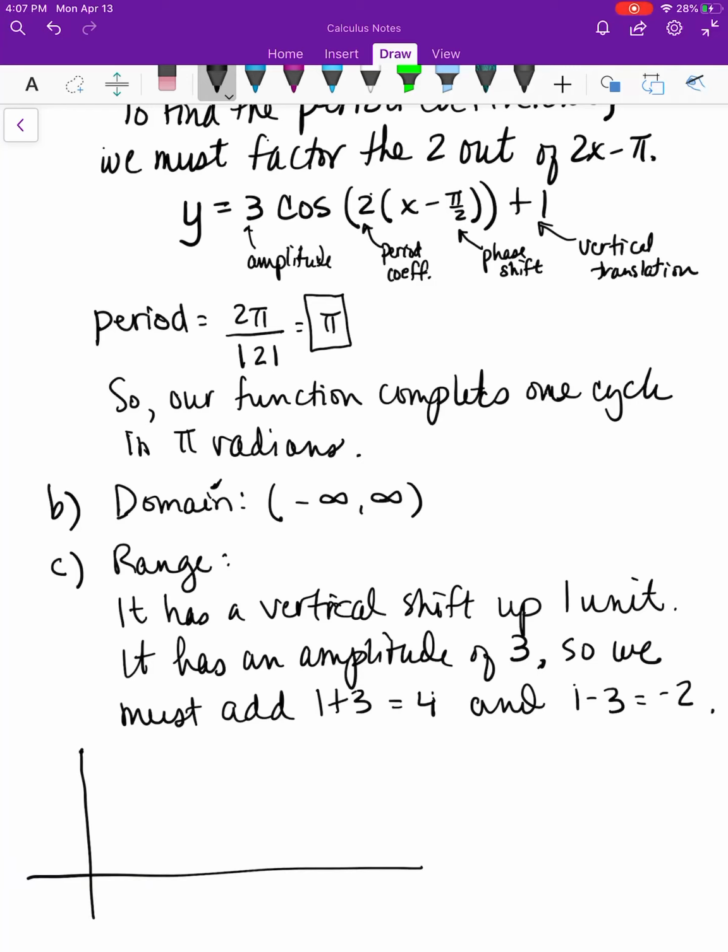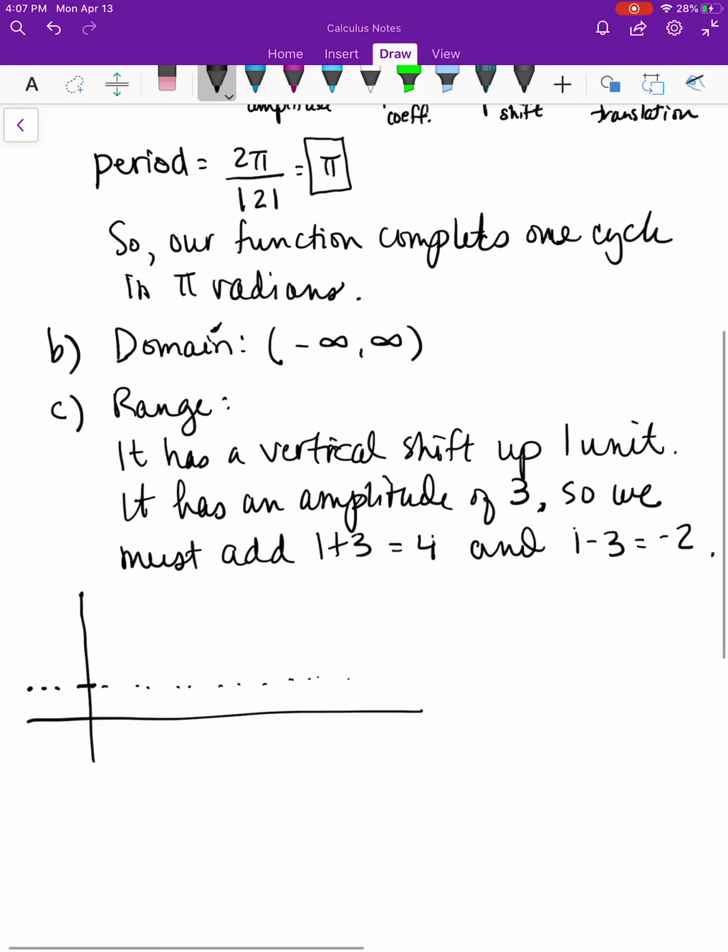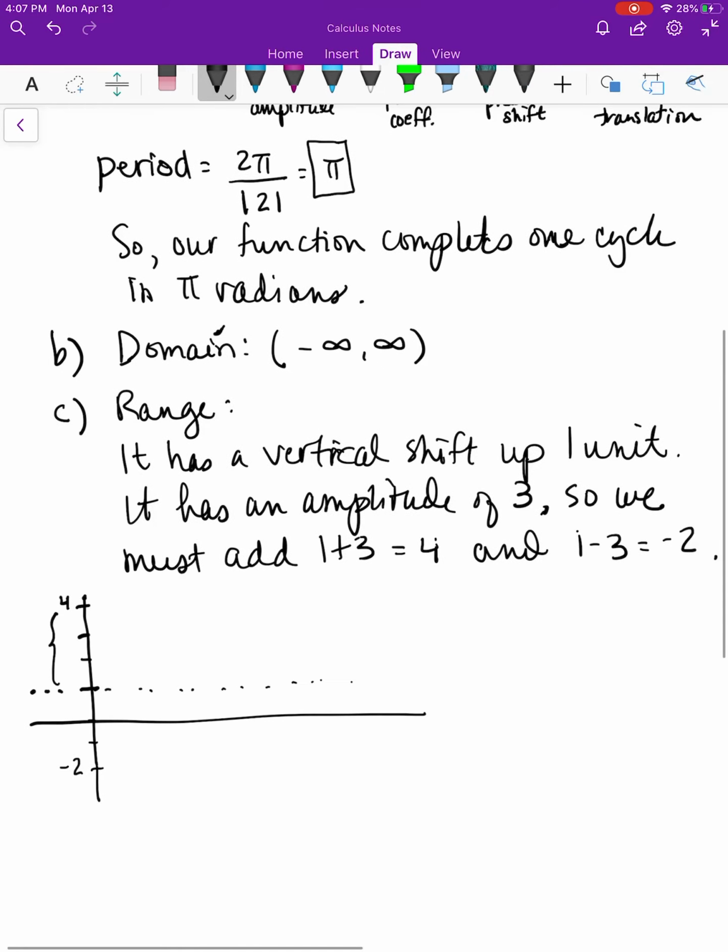So you start with your 1. For this problem, your 1 is your center line because it's shifted up. That last number is always going to be your center line. And so if we add 3, 1, 2, 3, that gives us 4. Subtract 3, 1, 2, 3, that gives us -2.